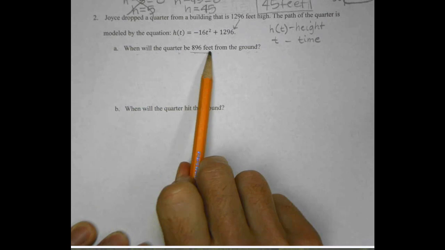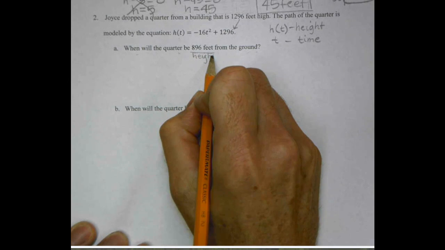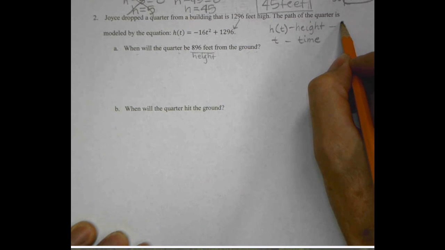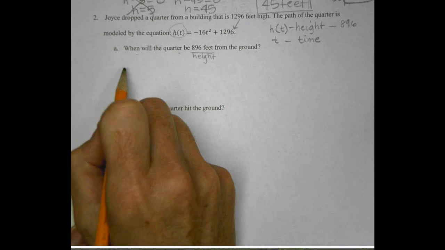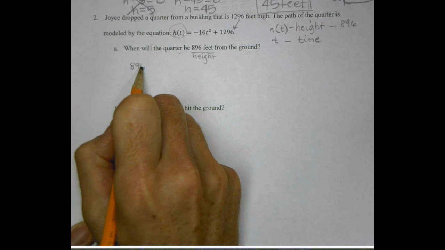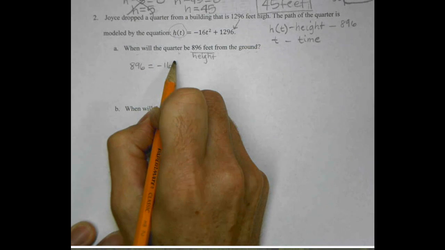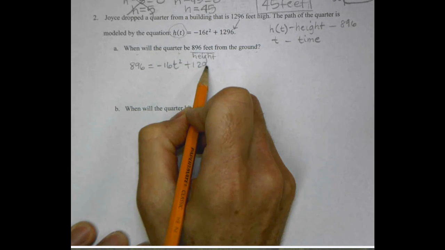The 896 feet, that's our height. So I need to use that instead of my height here, and here also. So I'll put 896 feet in for the height, and it'll be negative 16t squared plus 1,296.